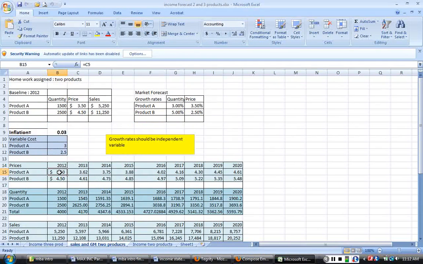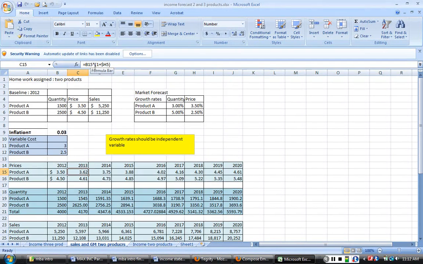I would take the price in 2012 and I want to grow it to 2013, 2014, and so on. How did I do that? Let's look at 2013. What I am doing is taking the price. Here's the formula up here. I'm taking the price from the prior year, which is B15, that's a cell, multiplying it by 1 plus the growth rate.